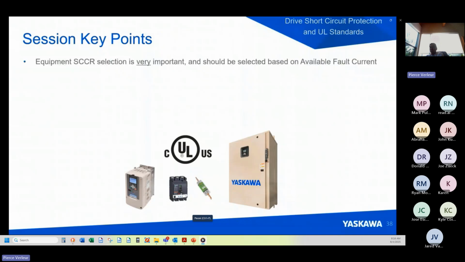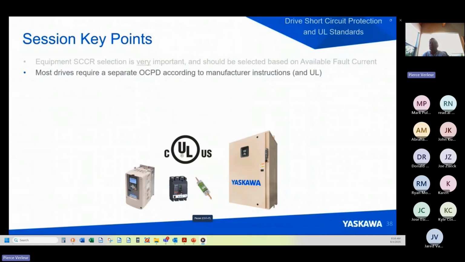First of all, the equipment short circuit rating selection is very important and should be selected based on, again, available fault current, knowing what the available fault current is. The second thing is most drives require a separate overcurrent protective device according to manufacturer's instructions and UL, of course. So please pay attention to instructions, and they are more detailed and more important than they were in the past.